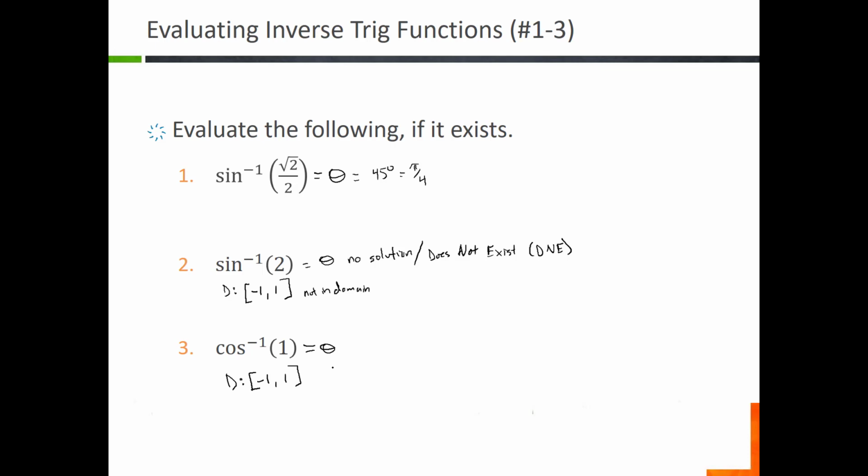To figure out that answer, we just want to think about the unit circle. Where is cosine equal to 1? It's when it's on the positive x-axis, so that's the coordinate 1, 0 on the unit circle. So what angle makes cosine equal to 1? It would be a 0-degree angle, or a 0 radian.